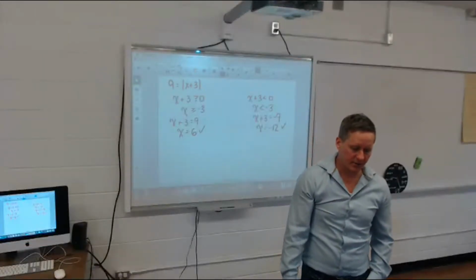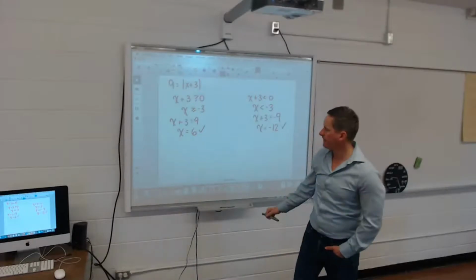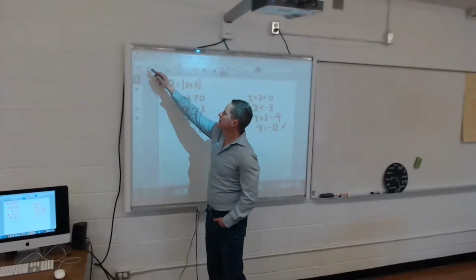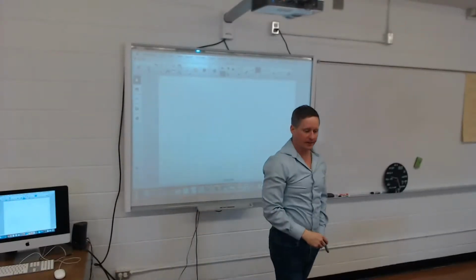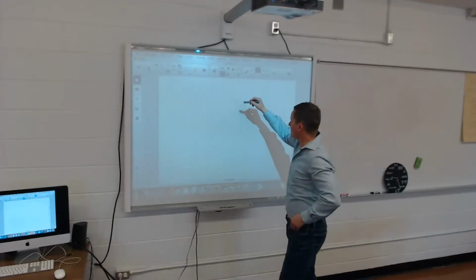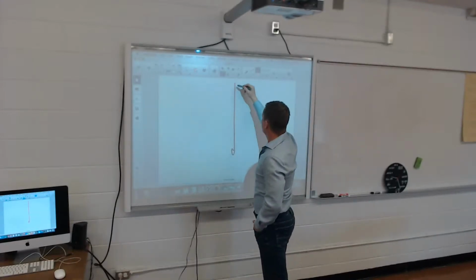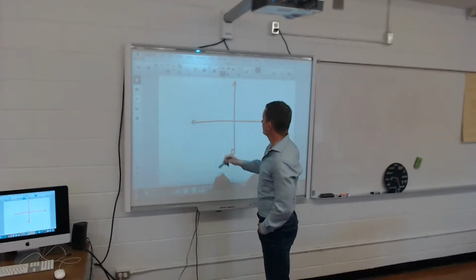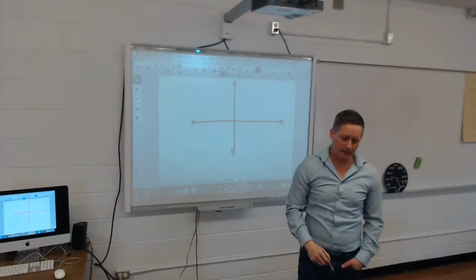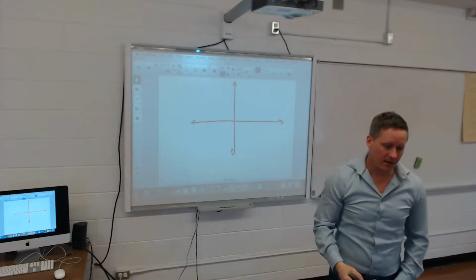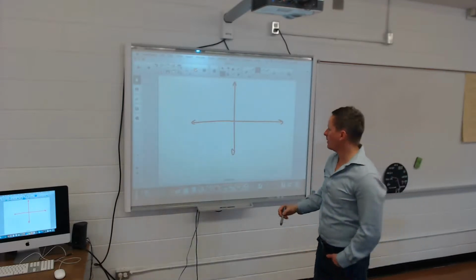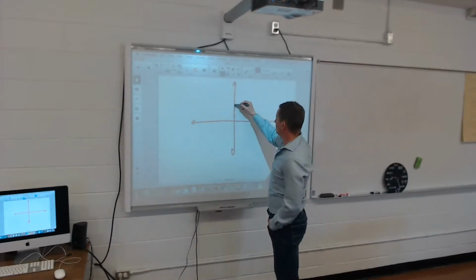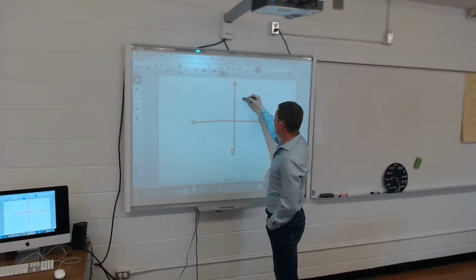They do ask you to solve it by graphing. So let's solve it by graphing. Okay? So the first thing I'm going to do is graph x plus 3. All right? I want the absolute value of x plus 3. So I'm going to go to 1, 2, 3, 0, 3, up 1, right 1.